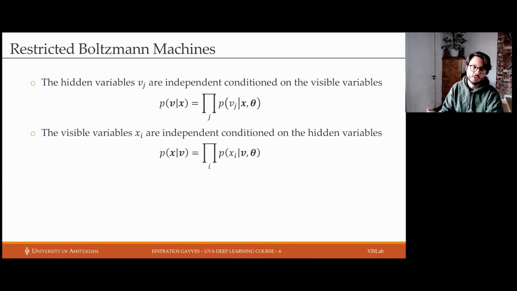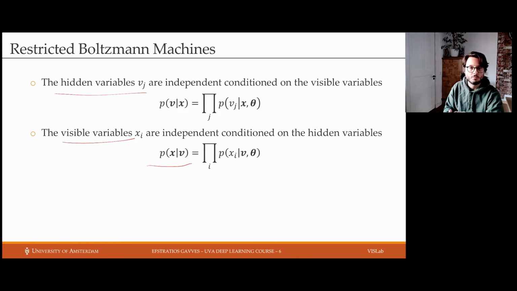For restricted Boltzmann machines, we have to define the hidden variables as being independent, conditioned on the visible variables, and vice versa, the visible variables are independent conditional on the hidden variables. This is a design choice with certain advantages and disadvantages that we will see later.